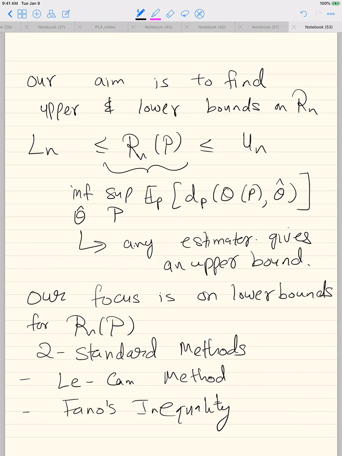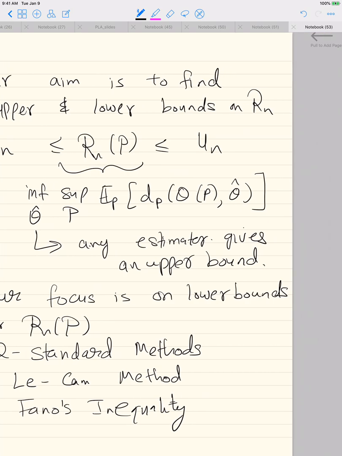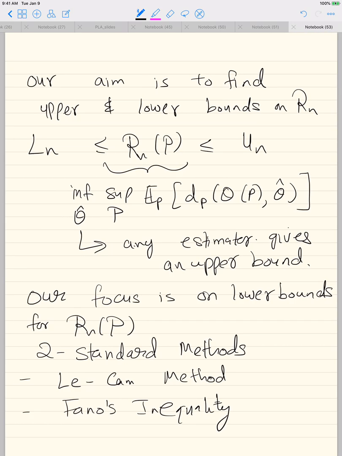Like the people here are hardcore statisticians who have developed two or three techniques over the years and they are very good in applying them. But I think there is scope for people from information theory community to look at these problems and see what can be done. Okay, so we'll start with the Lee-Camp method.